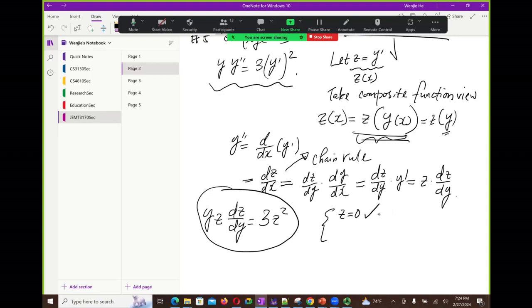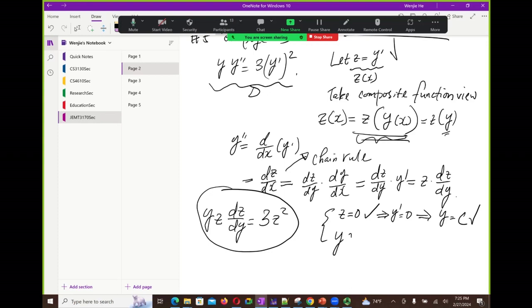Z equals 0 means y prime equals 0, which means y equals a constant c. You can check in the original equation that the constant c satisfies it. So keep that constant solution, and then you can do the cancellation.